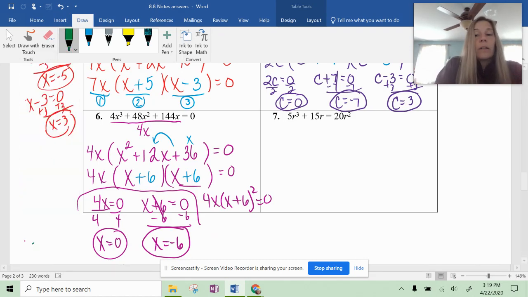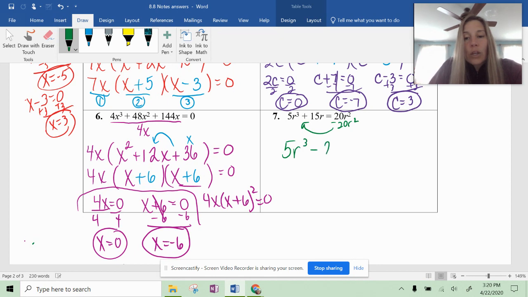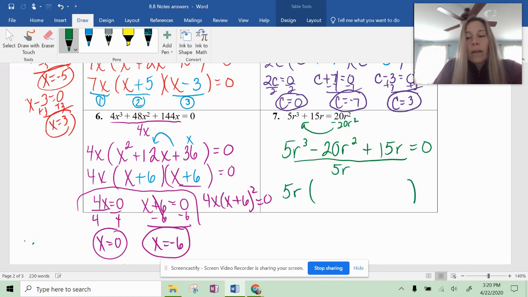And then finally, the last problem, we have to get this one equal to 0 first. So I'm going to subtract this 20r squared over to the other side. Make sure you put it in between the cube and the single r, because it has to be in standard form. Now we can figure out our GCF is 5r, because all those numbers are divisible by 5, and they all have some version of an r, the smallest one just being the single r.